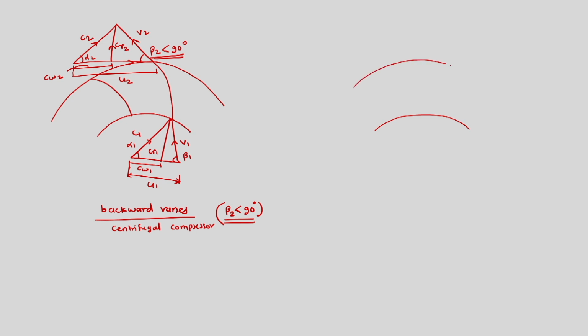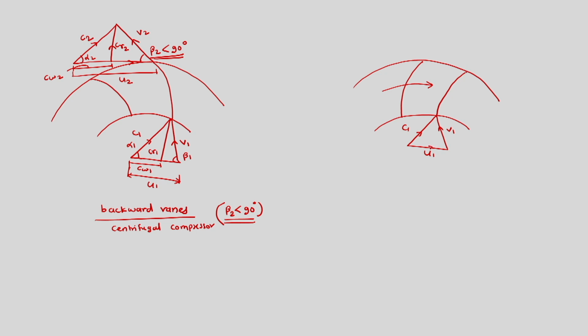Having said this, we will go ahead and plot for forward curved vanes, and then we have a different situation where vanes are forward curved. Here again rotation is in this direction, and curving is also in the same direction. So this is V1 which is tangential in, and then this is C1, and this is U1.